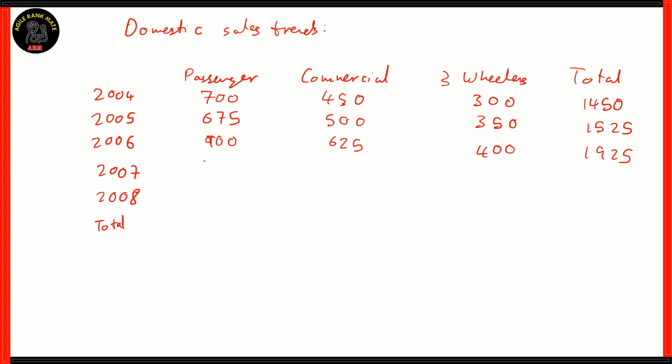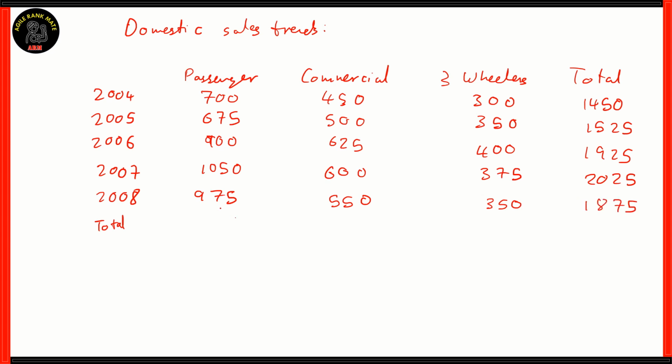For 2007, it'll be 1050, 600, and 375, which gives us a total of 2025. And for 2008, it's 975, 550, and 350, which gives us a total of 1875.